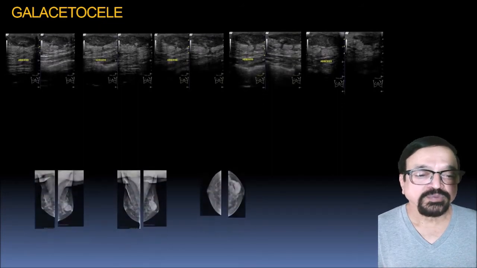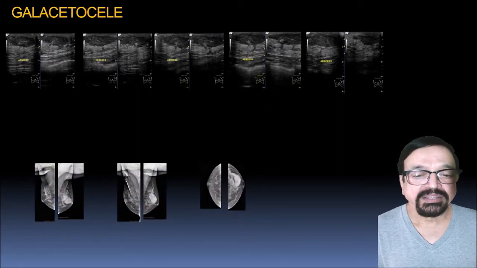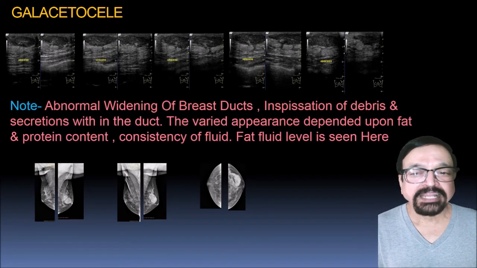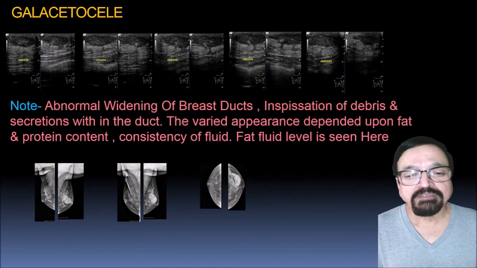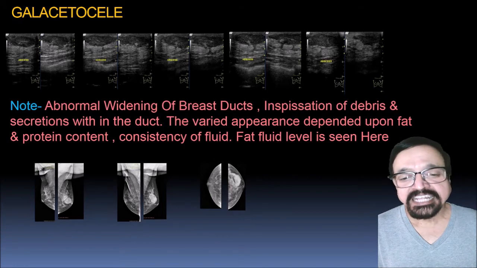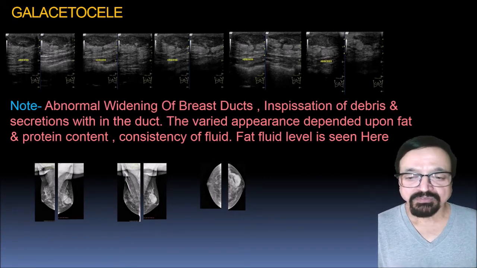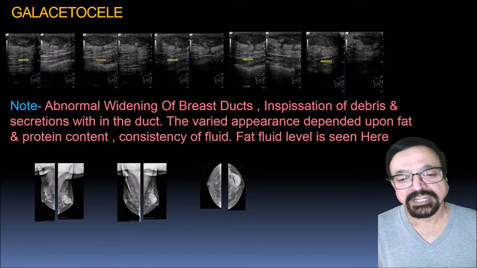Now a few more cases we are showing you. A mass which appears on a mammography shows a totally different appearance on sonography. It's the abnormal widening of the ducts, inspissation of debris and secretion within the duct. The varied appearance depends on the fat and protein content.